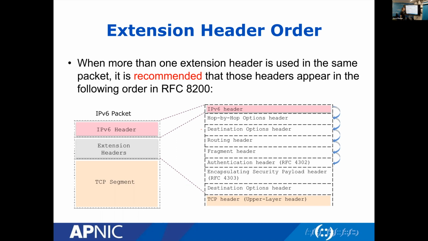So if you're using IPsec, which is part of the IPv6 standard, whether we're doing any other sort of security payload headers, and then our destination options header. And the last one is our upper layer header, so our TCP or our UDP header. So keep a note, this is only recommended. I could send these in any order and it would actually be legitimate.